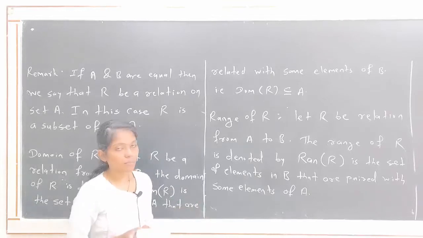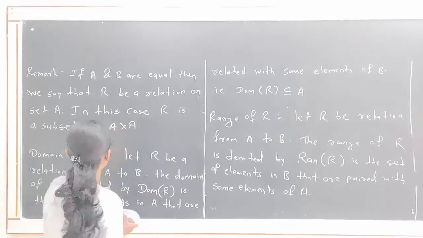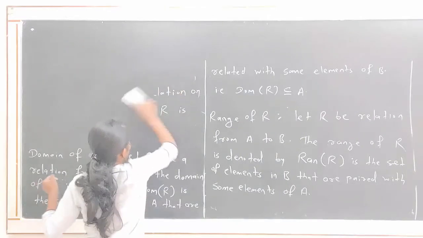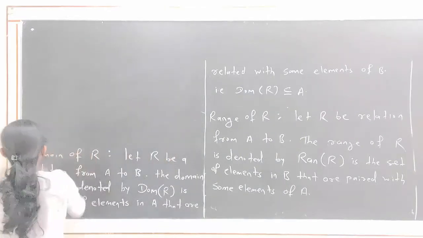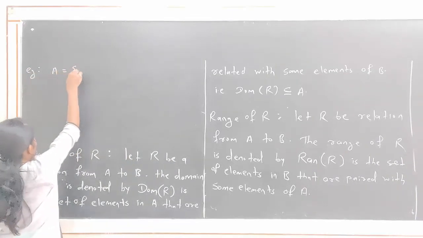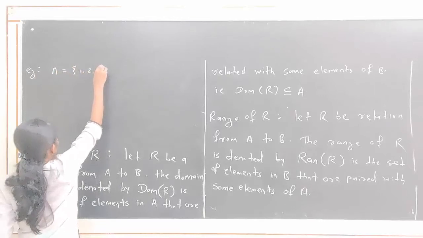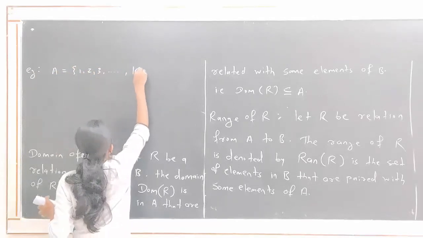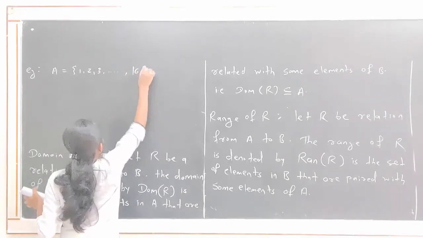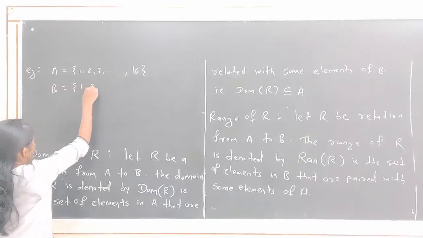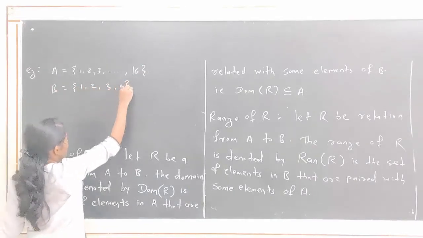Now we take the example of this. So here we take two sets. Example, set A is equal to 1, 2, 3, and so on up to 16, and set B is 1, 2, 3 and up.